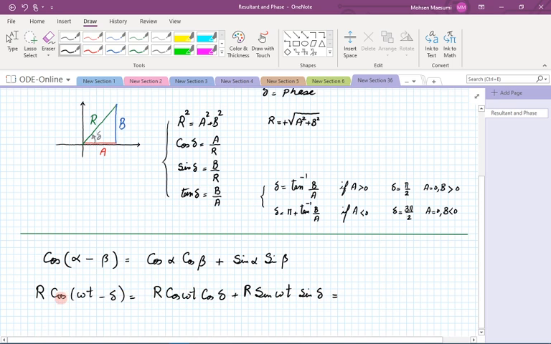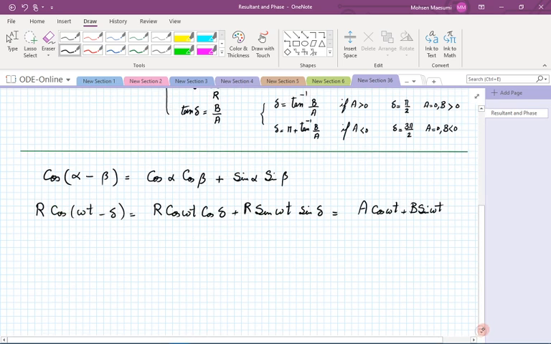If I want to make such an expression match a given expression such as a cosine of omega t plus b sine of omega t, then the coefficient of cosine should match the coefficient of cosine here, which is r cosine delta, and b, the coefficient of sine, is to match this one.